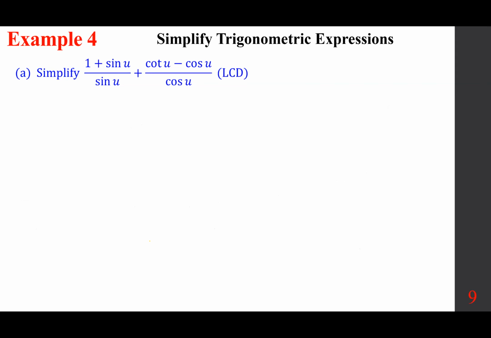We are simplifying using LCD, the least common denominator, which is sine u times cosine u.